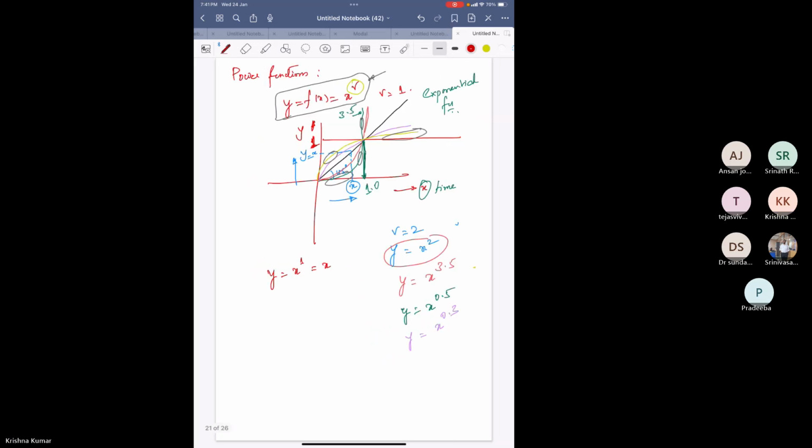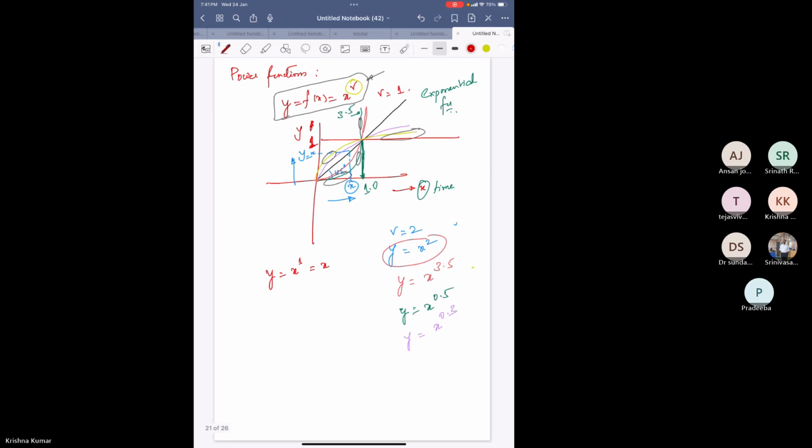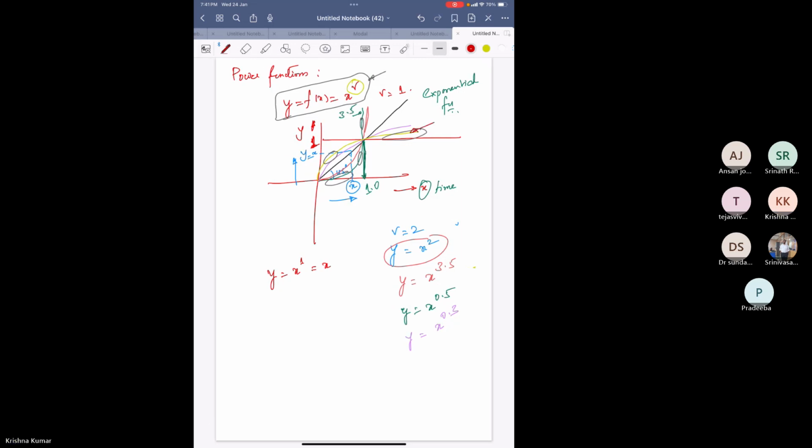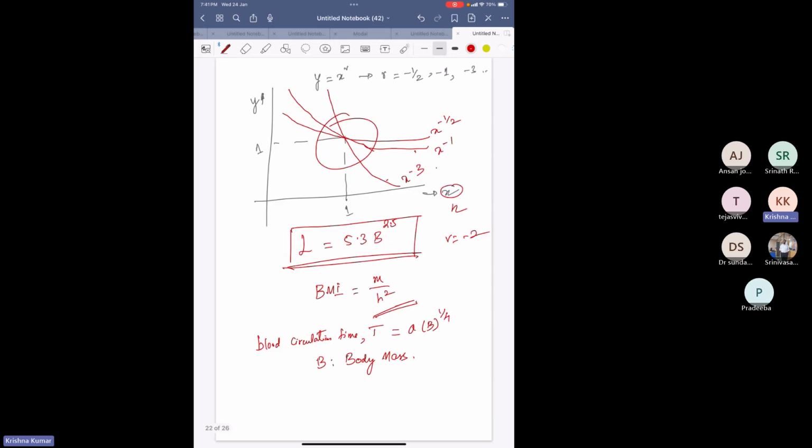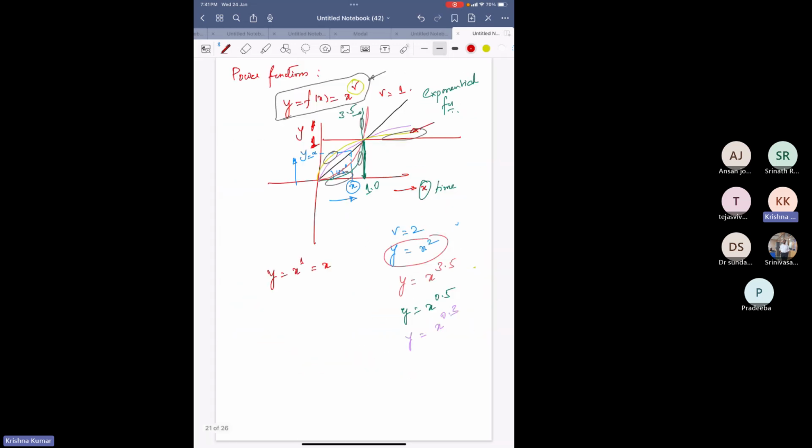So you can see how that equation, okay, 0.4 is somewhere similar to that. So circulation time, very interesting, because look at that curve, how that yellow curve is.